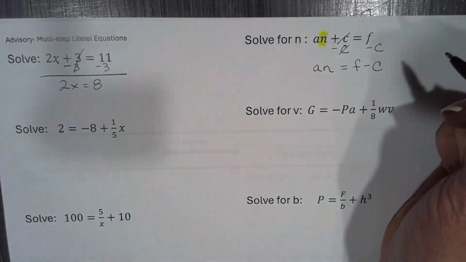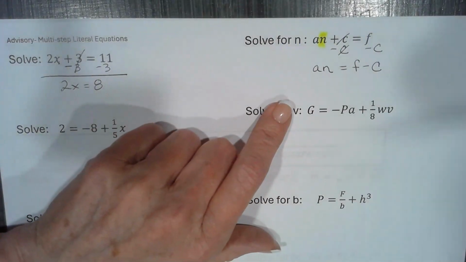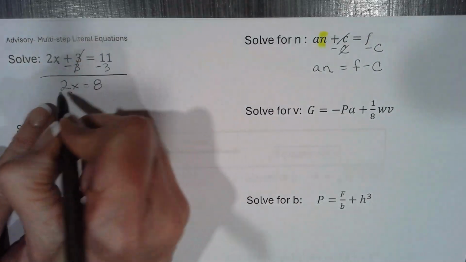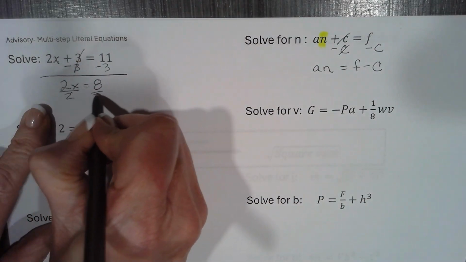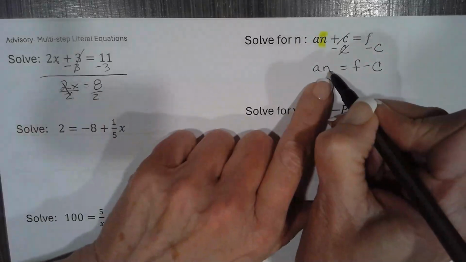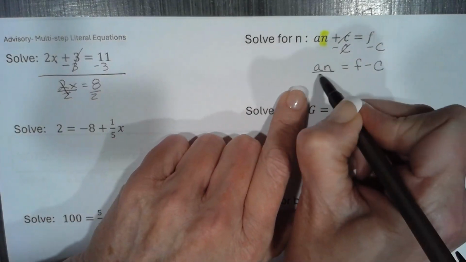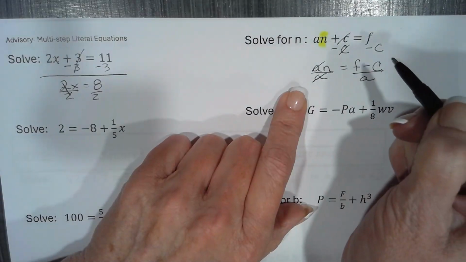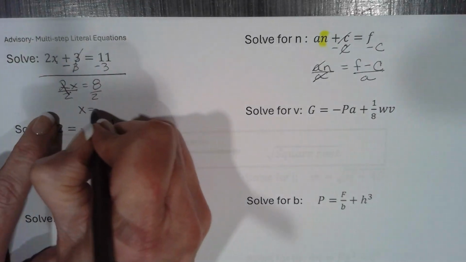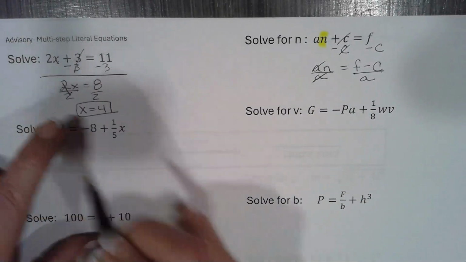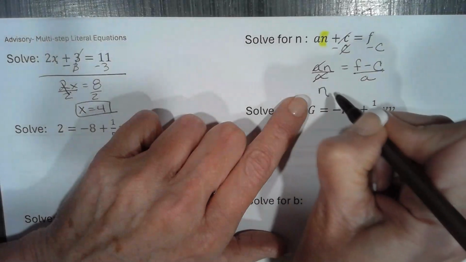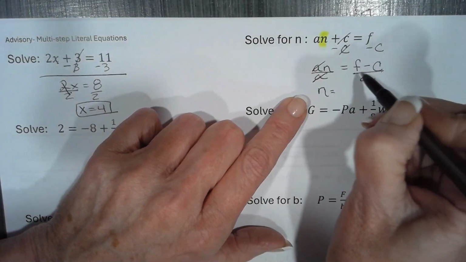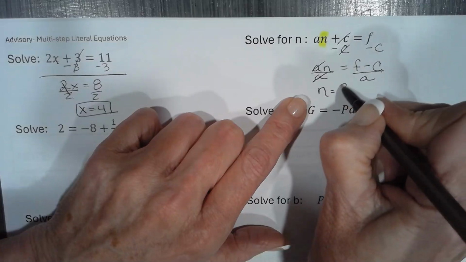Okay, next. Here, to get x by itself, I divide both sides by 2. Here, to get n by itself, I'm going to divide both sides by a. So here I get a numerical answer, and here I get an expression in terms of f, c, and a.